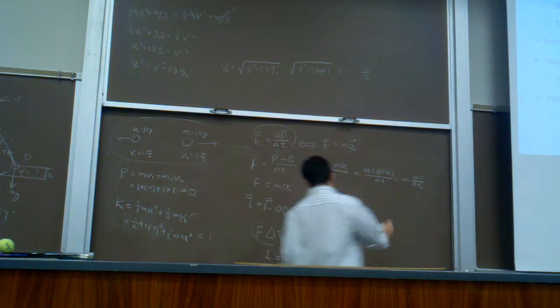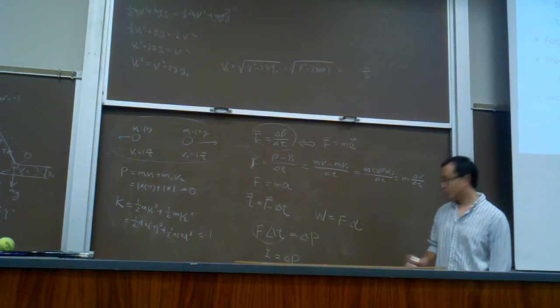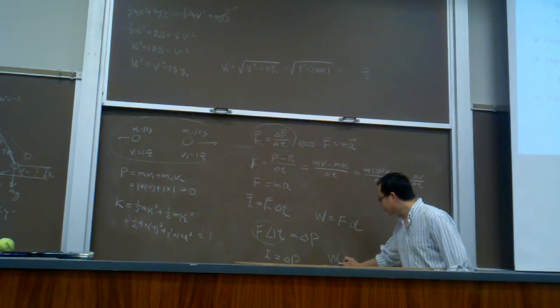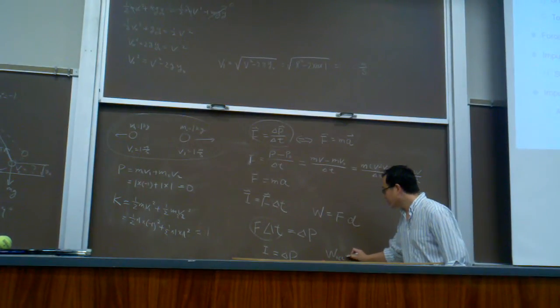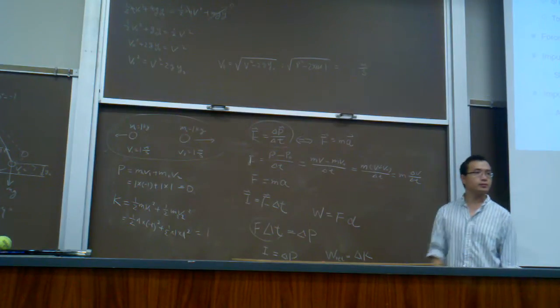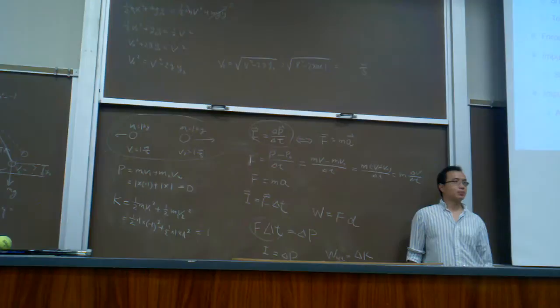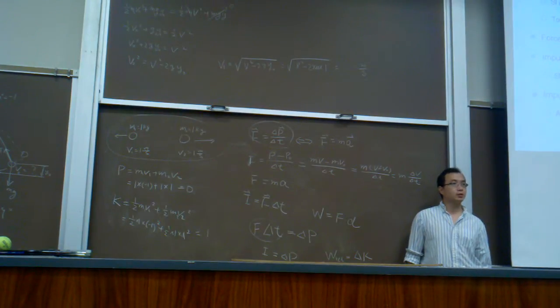And this one can also be compared with the work-energy theorem, which says W net equals delta K. Again, we are trying to characterize the process from different points of view.